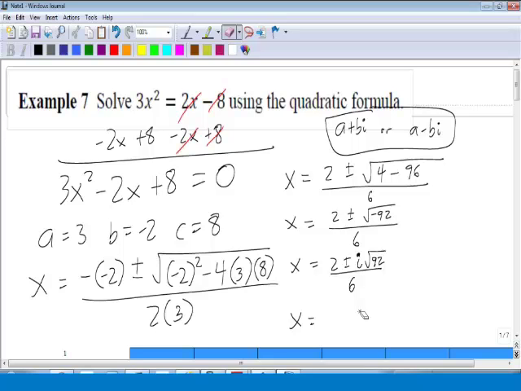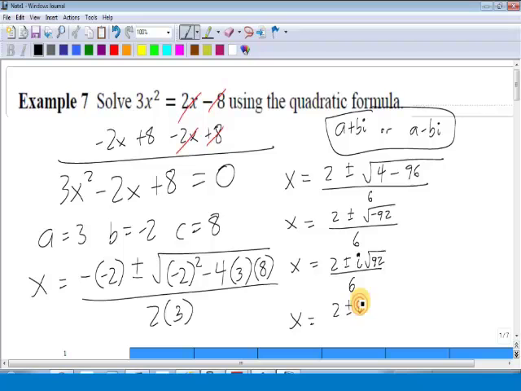And although ultimately we'll be able to do that, while we're doing that, we also have to scratch the i times the square root of 92 and replace it with whatever i times the square root of 92 divided by 2 is. We have to divide every term in the numerator by 2 if we're going to divide that 6 by 2. And it's not quite divisible by 2 yet. At least we don't see a factor of 2 there. So before we scratch the 2 and the 6, let's see if we can simplify that radical.